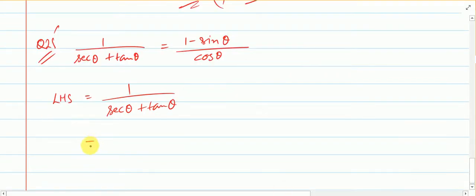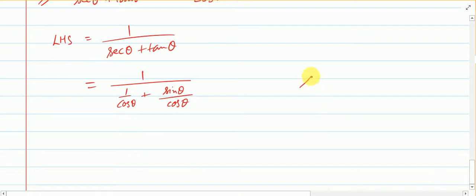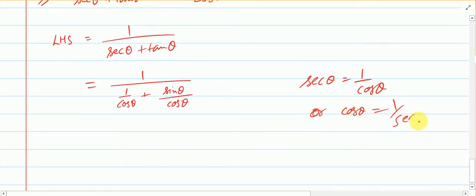Now we can write it like this: 1 by cos theta, tan can be written as sin theta upon cos theta. You know that sec theta is equal to 1 by cos theta, or cos theta is equal to 1 by sec theta.